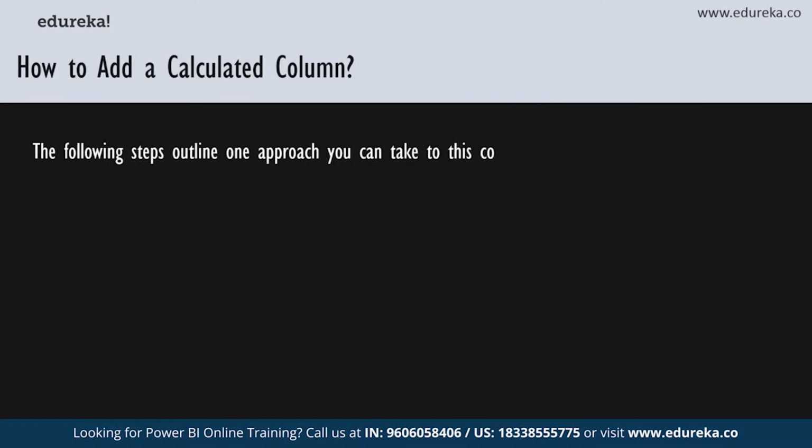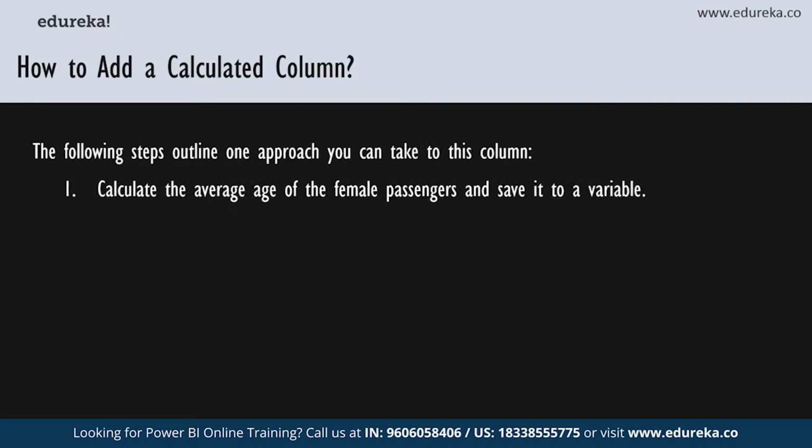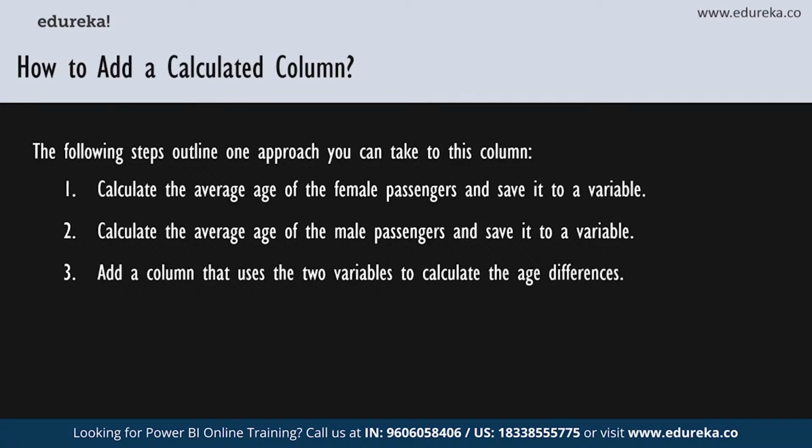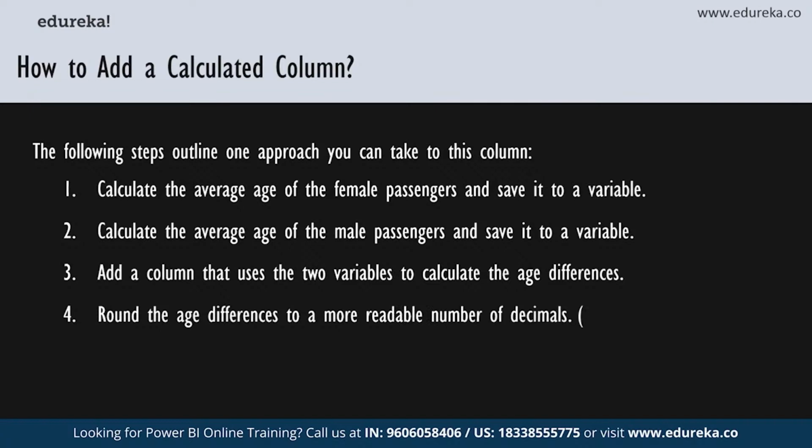So for that, we need to first calculate the average age of the female passengers and save it to a variable, then calculate the average age of male passengers and save it to another variable. Or you can do it vice versa as well. Then you can add a column that uses the two variables to calculate the age differences and round the age differences to a more readable number of decimals. This step is purely optional.